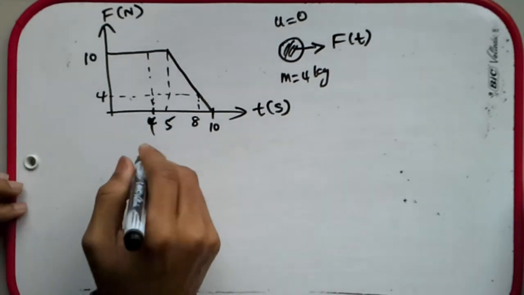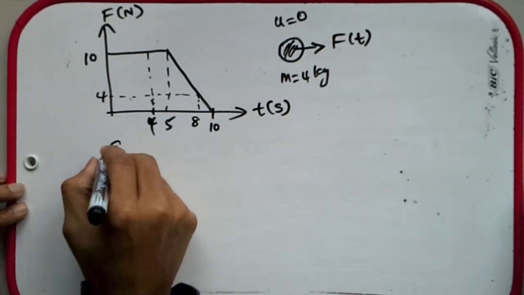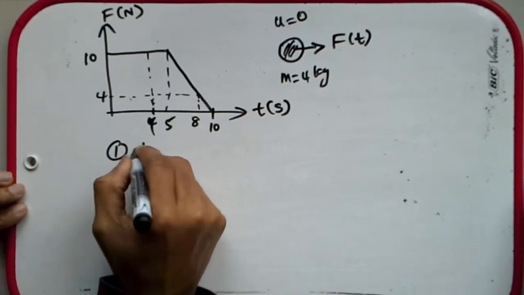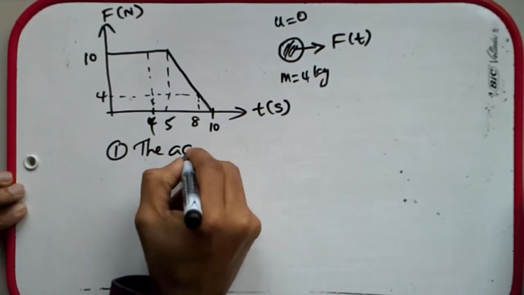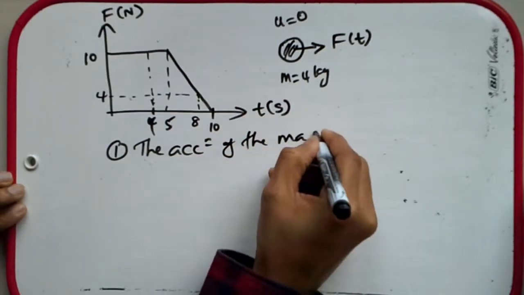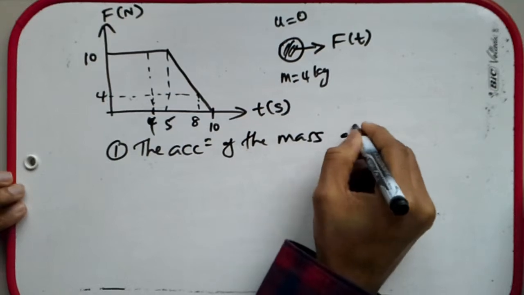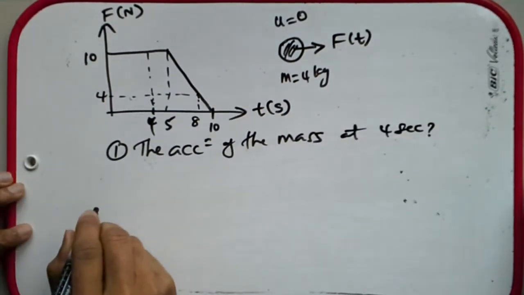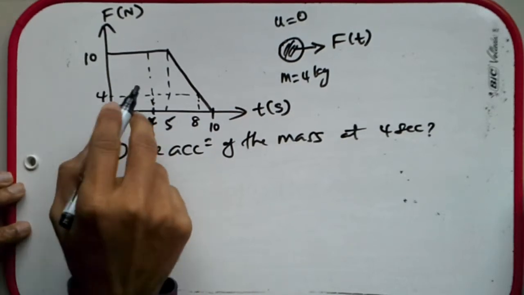So how do you do this? The first question: the acceleration of the mass at 4 seconds. How do you find the acceleration of the mass at 4 seconds?